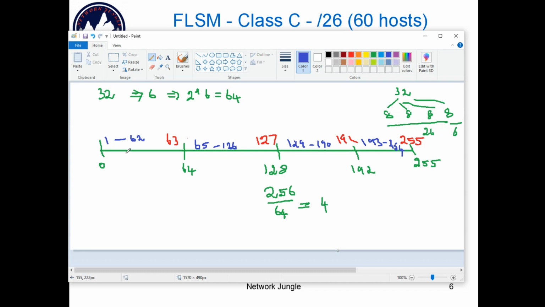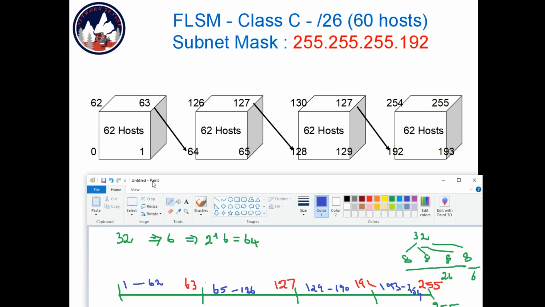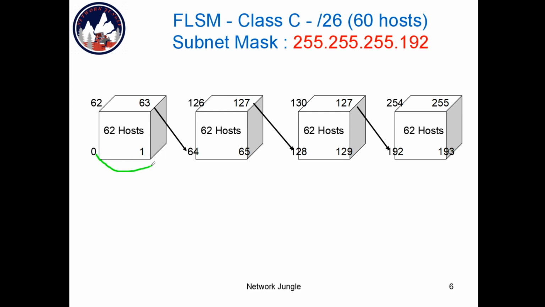Here, 256 can be divided into 4 portions, and each portion contains 62 valid IP addresses. First you write 0, 64, 128, then 192. This is the network address. Then how to write the broadcast address? Before 64, the last value is 63. Then before 128 it is 127.